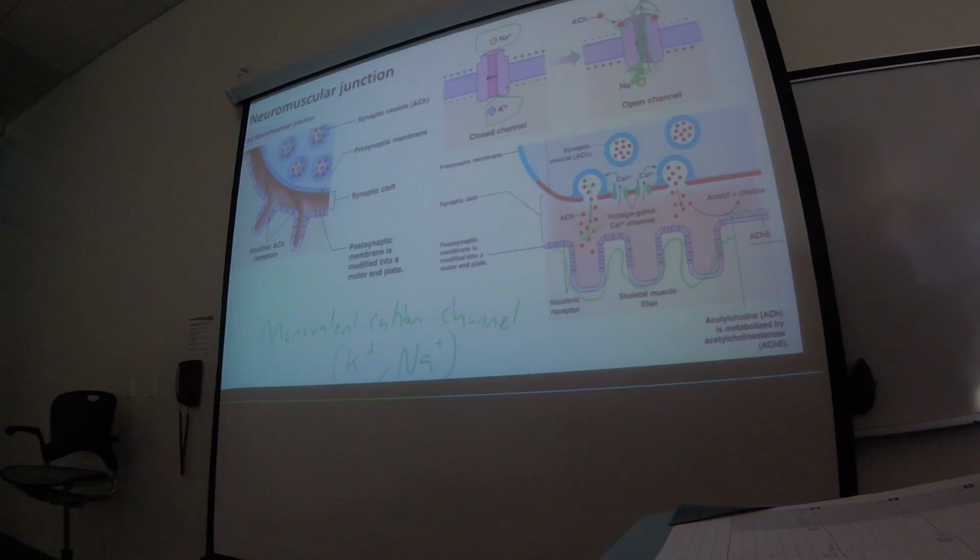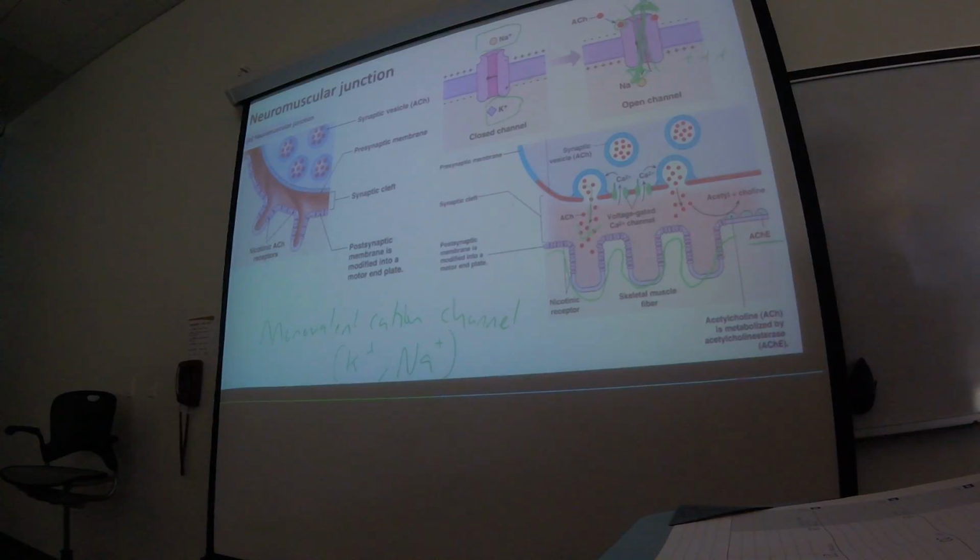potassium is going to rush out, and you may think, well, you're trading a positive charge on the outside for a positive charge on the inside, so nothing's going to happen to the voltage, but in fact something does change. Before you had a whole bunch of minuses here, but now you have a whole bunch of pluses. The muscle cell is going to get depolarized, because there is much more sodium on the outside than there is potassium on the inside.